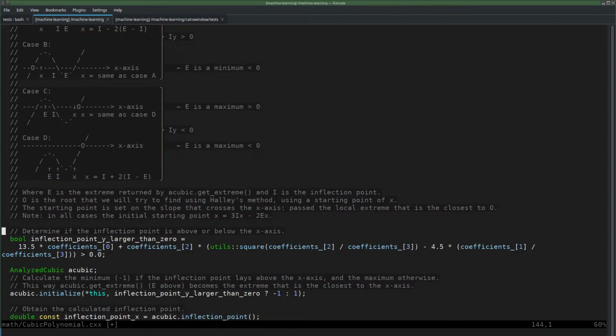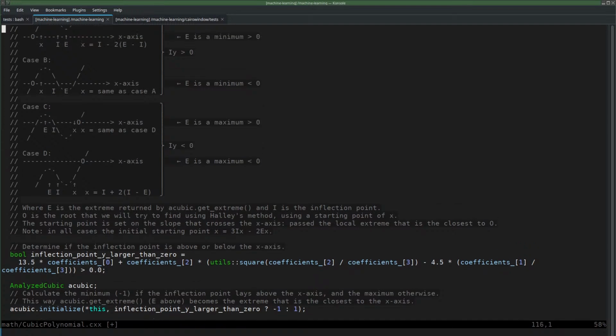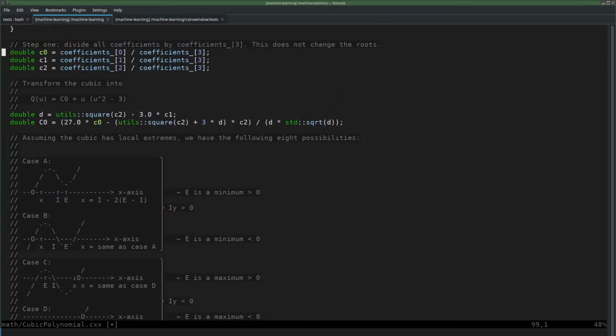And we're going to replace all the coefficients with our new variables here, C0, C1 and C2. No, I want to use this one. So really we just have C0. And C3 is 1, C2 is 0, and C1 is -3.